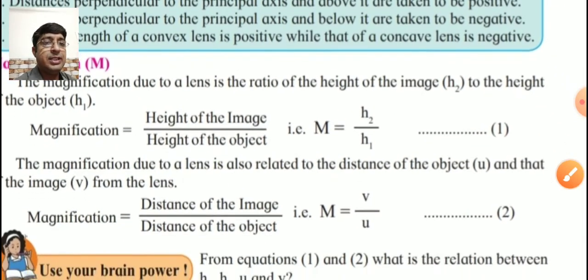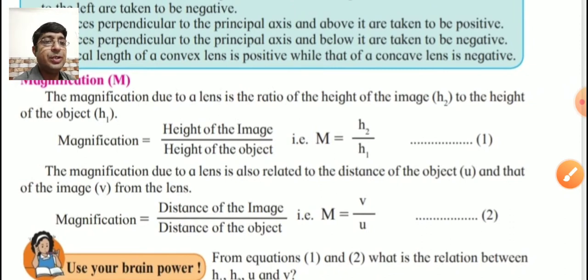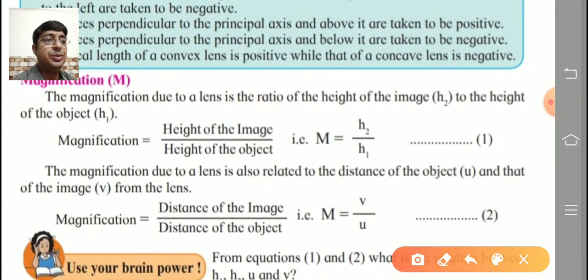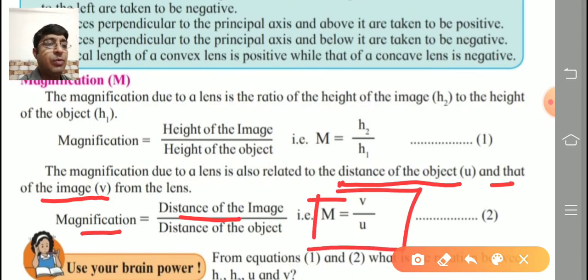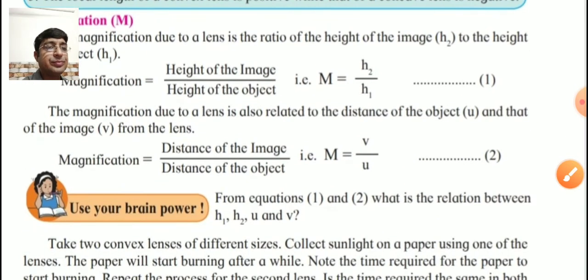One more relation is given. Magnification due to a lens is also related to distance of object u and that of image v from the lens. So magnification is equal to distance of the image divided by distance of the object. Therefore, m is equal to v upon u, that is equation number 2.